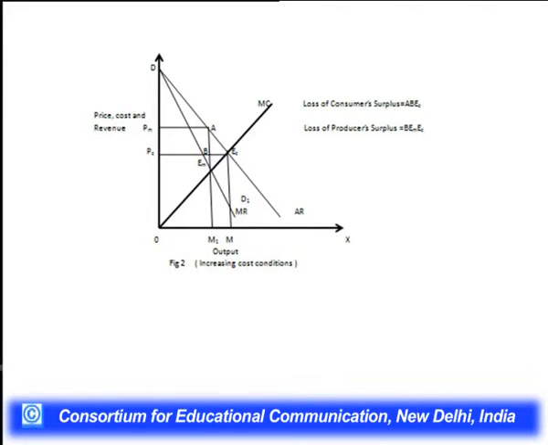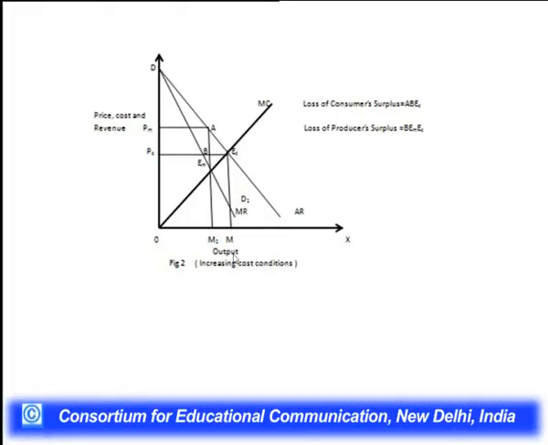And when these diseconomies are greater than the economies of scale, then naturally there would be an increase in the per unit cost of production. So, in that case, average cost increases and marginal cost of production also goes on increasing. So, we will show this in figure 2.